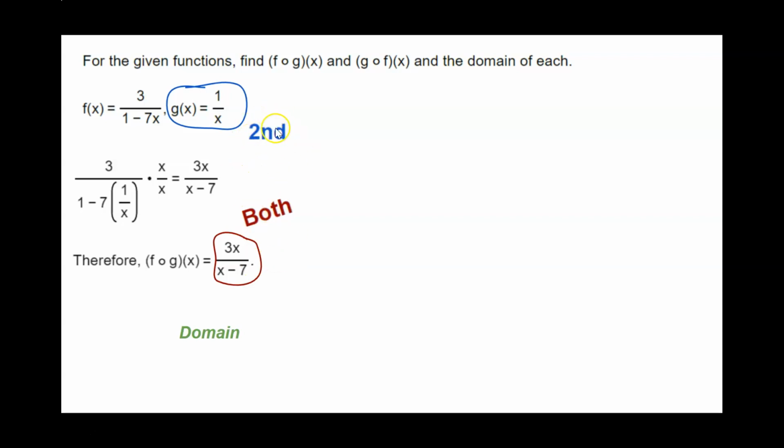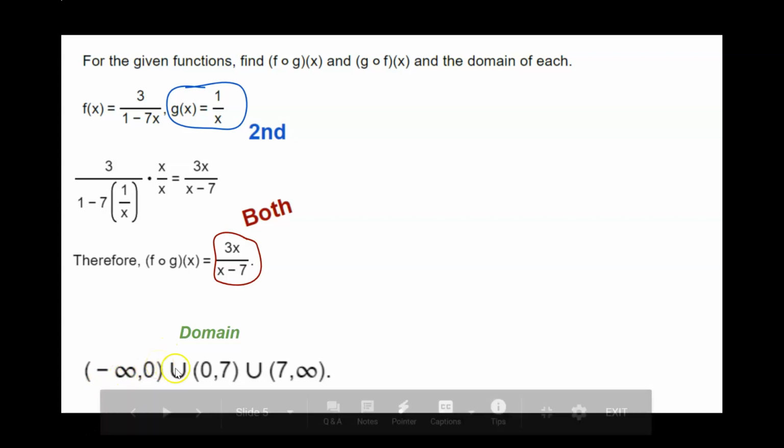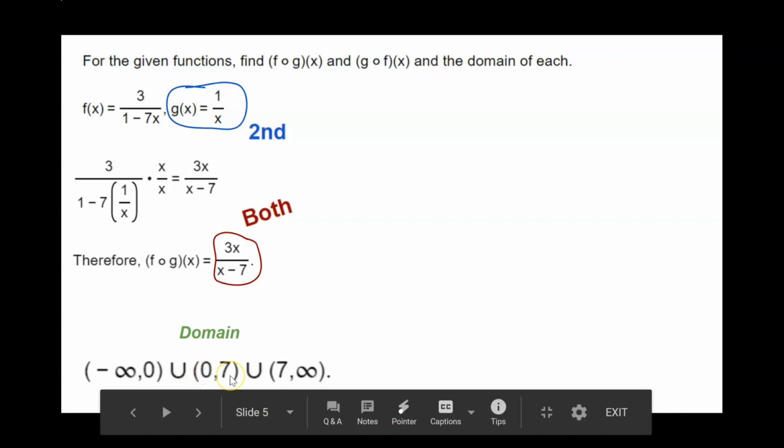Now we have to overlap them on that number line that I was talking about to see how they overlap to find the true domain. So from negative infinity to 0, union from 0 to 7, union from 7 to infinity. This is going to be the domain for the composite f of g.